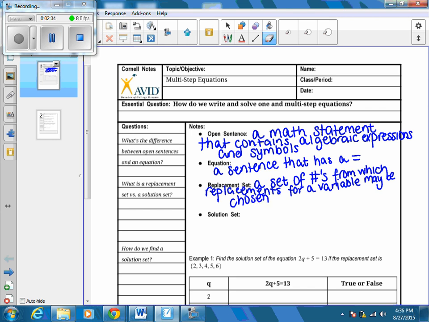Okay, next we have a solution set. So a solution set is a set of elements from the replacement set that make an open sentence true.